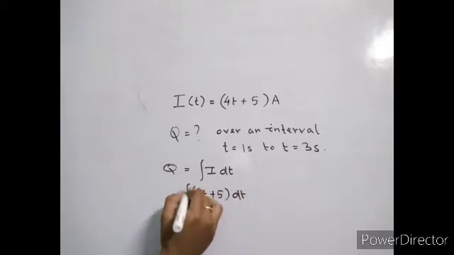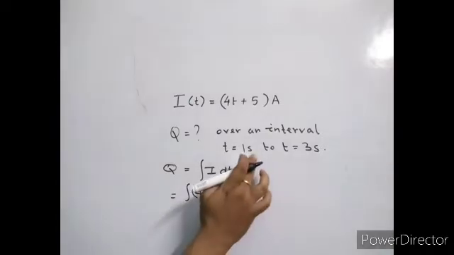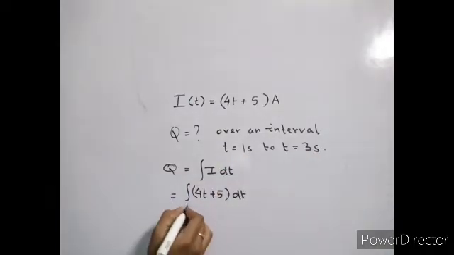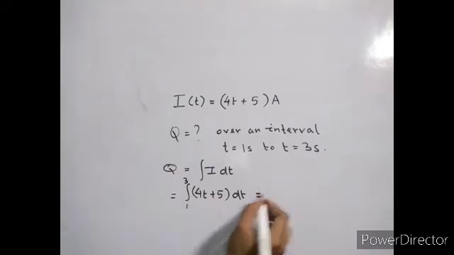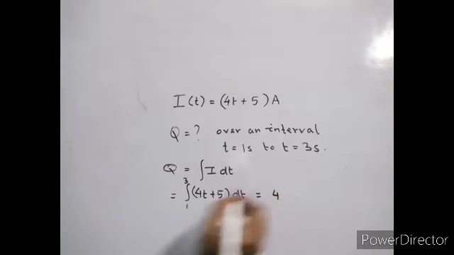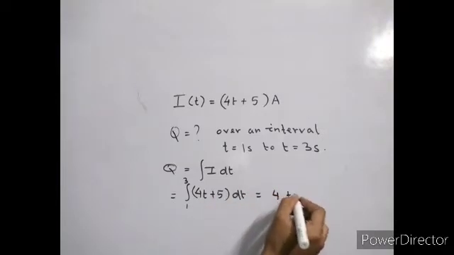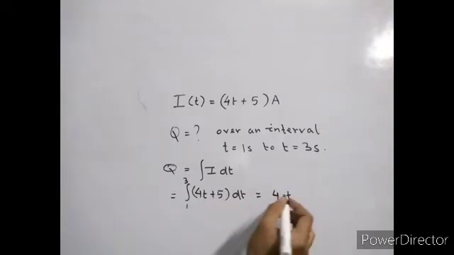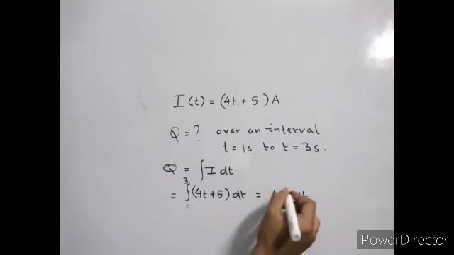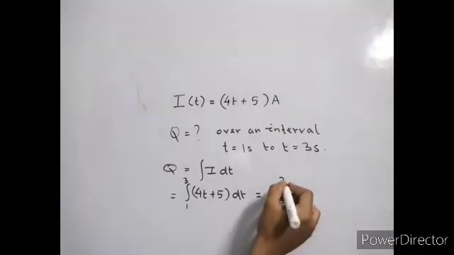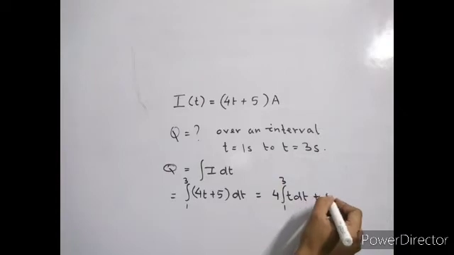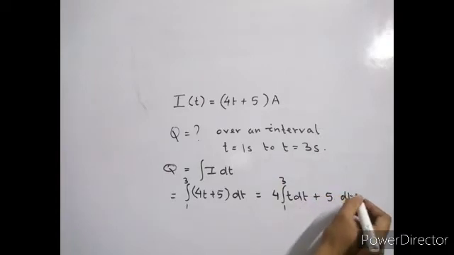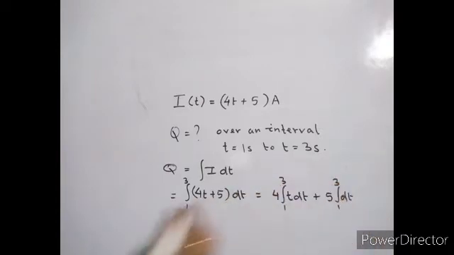Now we write down the expression for I, that is 4t plus 5 times dt taken from 1 to 3, that is 1 second to 3 seconds. And just by following simple integral calculus, 4 goes outside, we have t dt integrated from 1 to 3 seconds, plus 5 is a constant, stays out, so only the integration of dt taken over the limits 1 to 3.